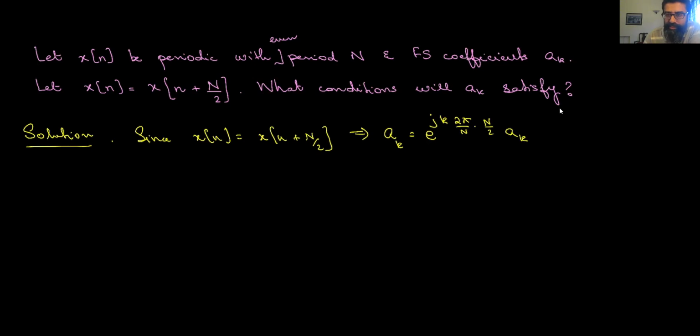So I've just used a simple shifting property. And therefore, this implies that a sub k equals, so this cancels with this, and this is just minus 1 raised to power k times a sub k.